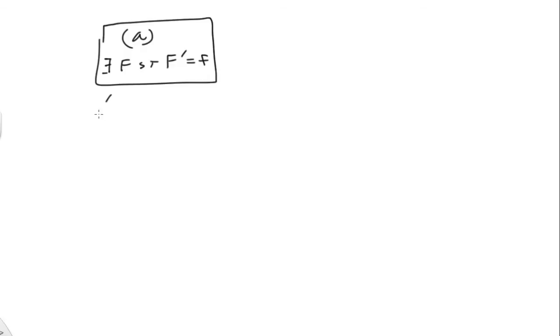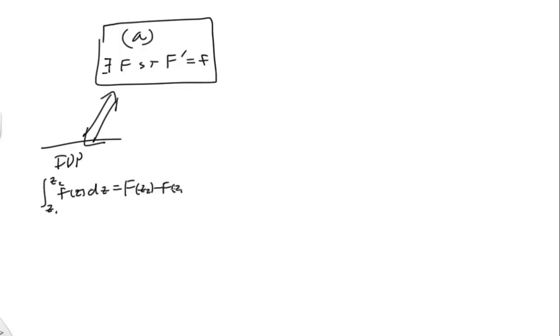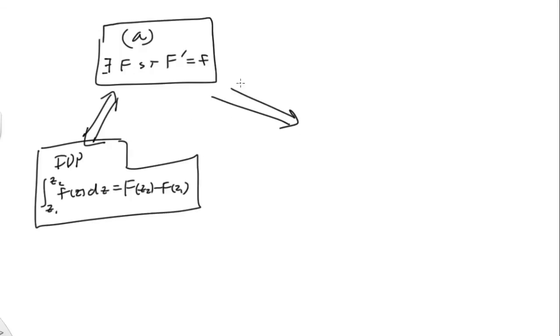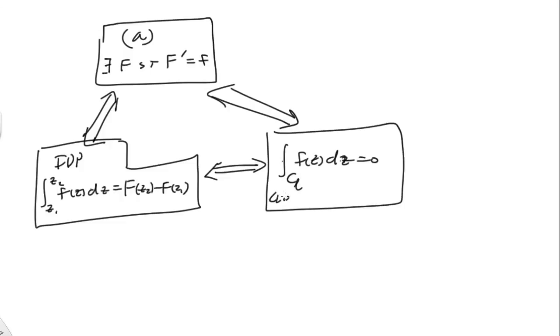And we had this chain of implications: the independence of path statement, where the integral from z1 to z2 of f of z dz is equal to capital F of z2 minus capital F of z1, and then that the integral over closed paths of f of z dz is equal to 0.